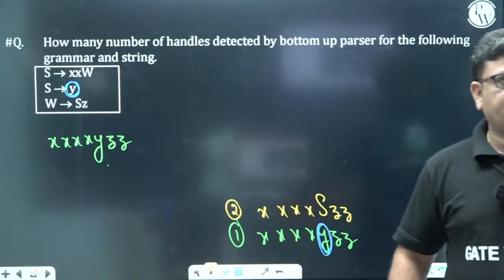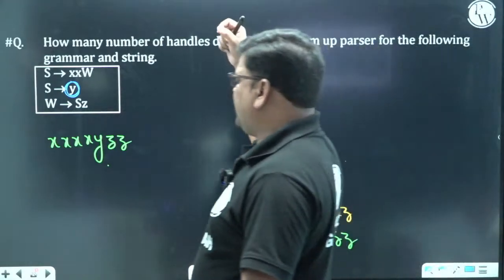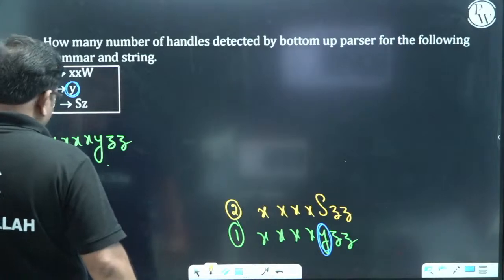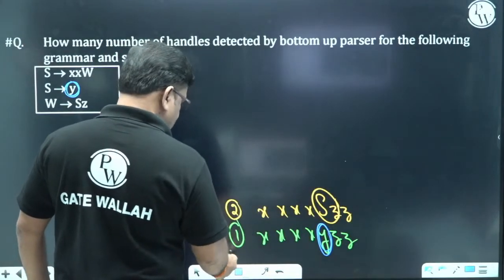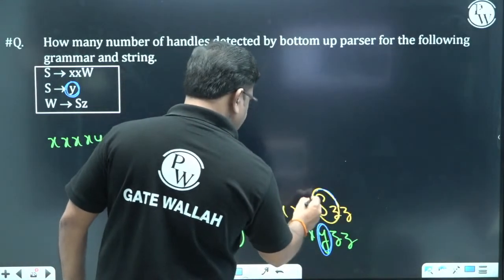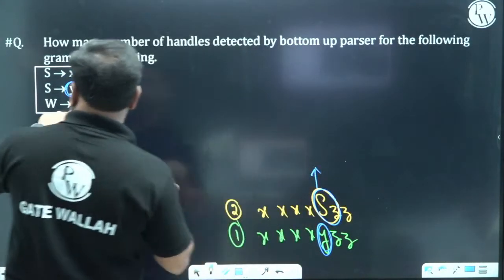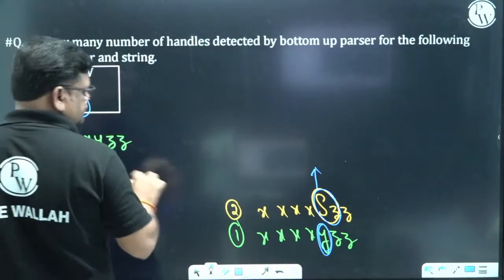The substring that completely matches with the grammar right side. This is the substring completely matching here, so SZ is replaced by W.